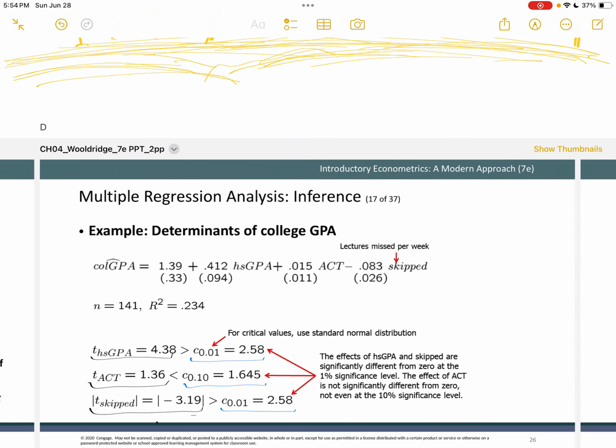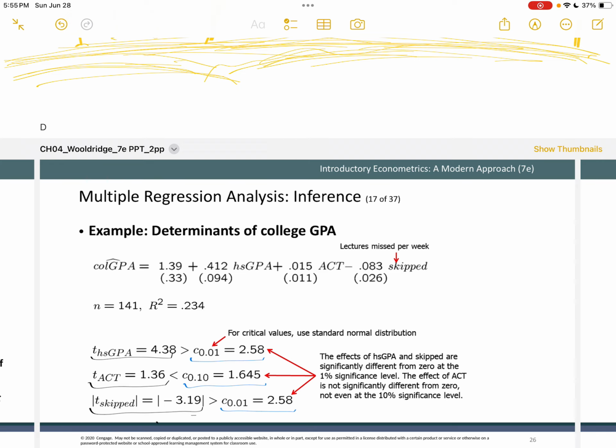So let's look at some. I believe I have a couple of examples coming up. Let's look at the first one. College GPA is regressed on high school GPA, ACT scores, and lectures missed per week. Right? So we are using the 1% significance level.